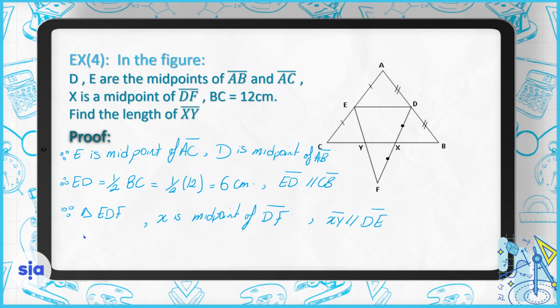Therefore, Y is the midpoint of EF. Accordingly, the length of XY is equal to half ED, which is half of 6, which is 3 centimeters long.